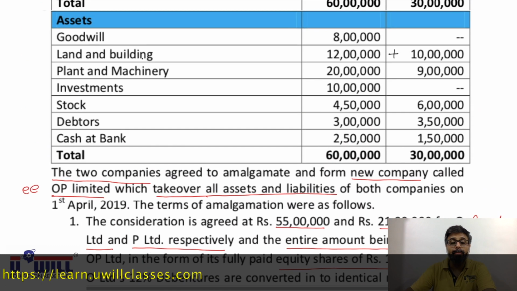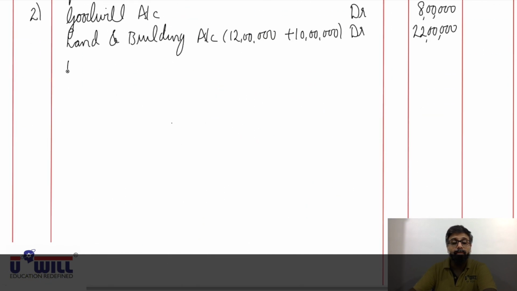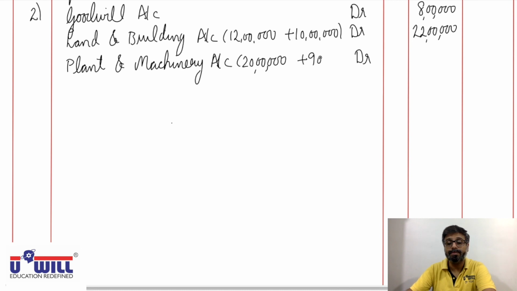Then plant and machinery account debit 20 lakhs plus 9 lakhs, 29 lakhs.